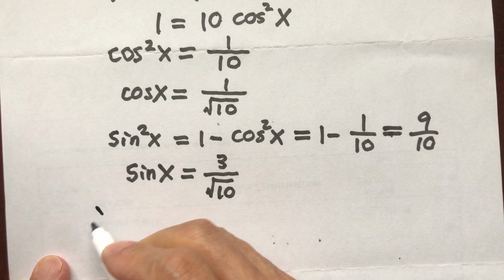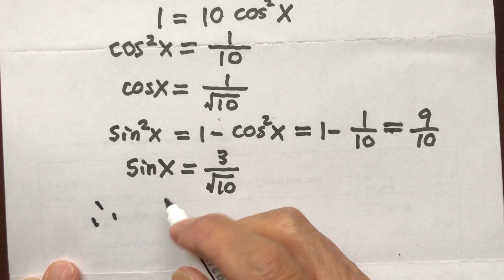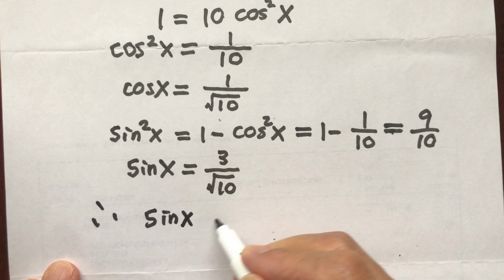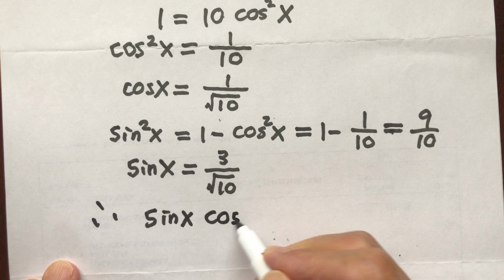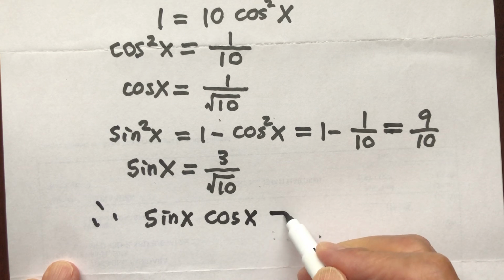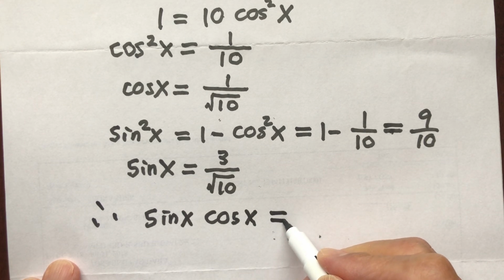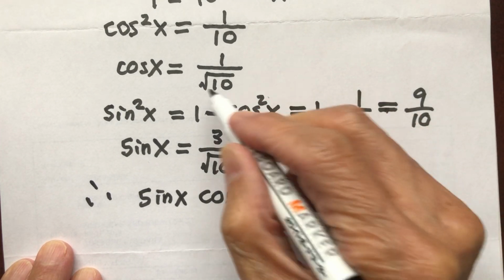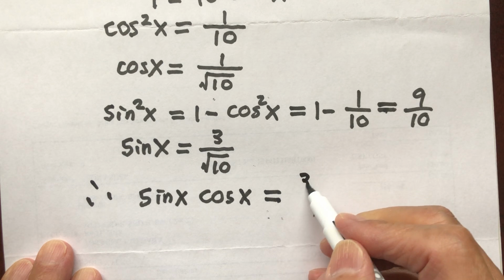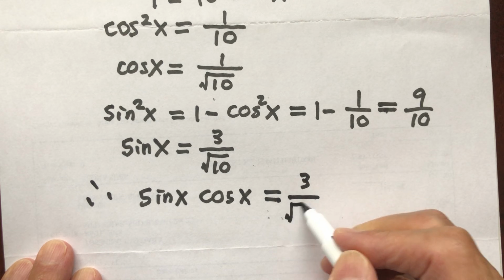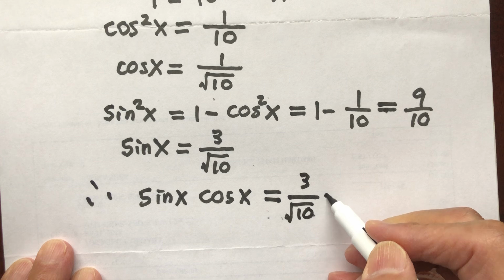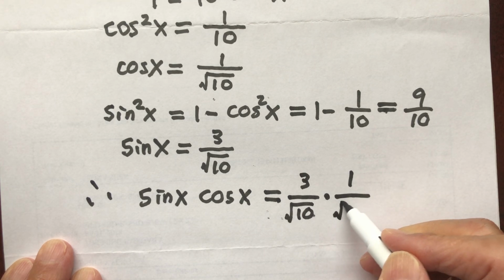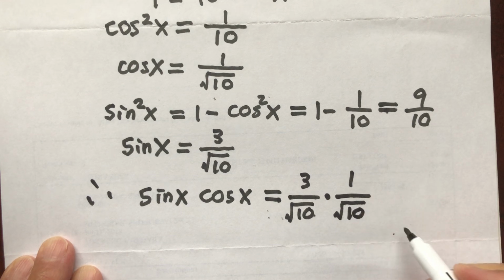Therefore, sine x cosine x multiply is 3 over square root 10 times 1 over square root 10.